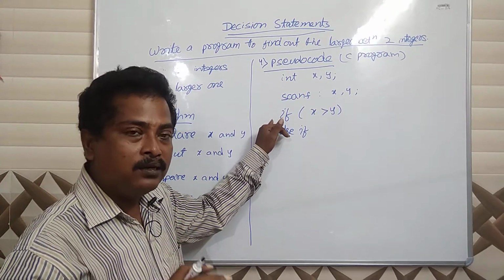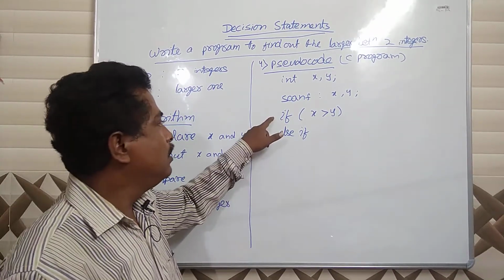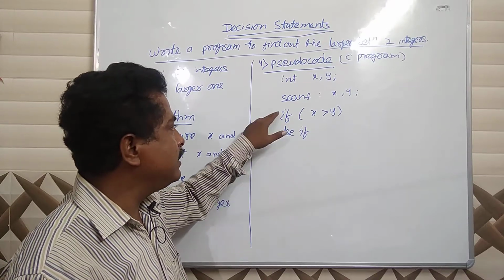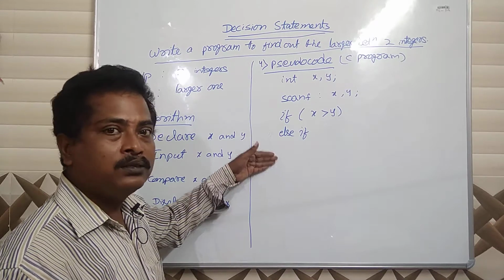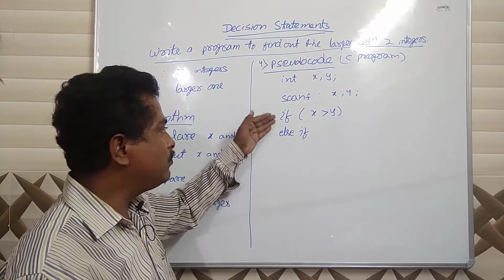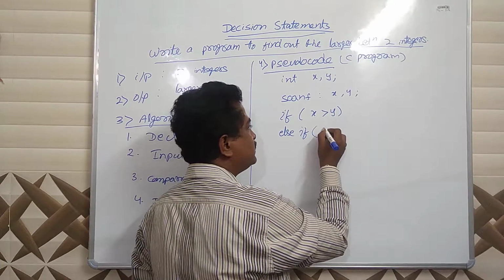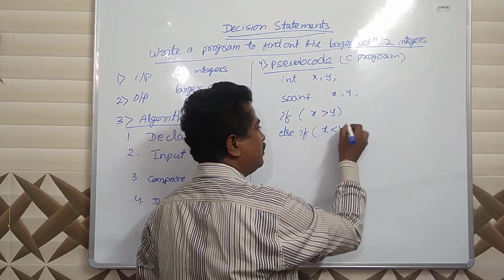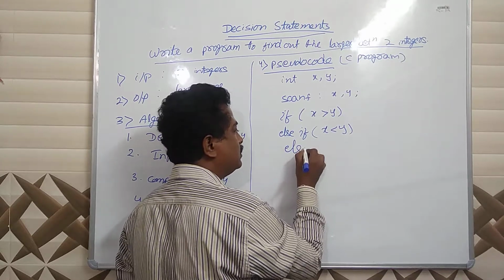When there are more than two conditions, then I have to take either more than one if statement, or first one if, and after the if, all are else statements. So else if x is less than y. If both these two conditions are false, then the third condition is else.